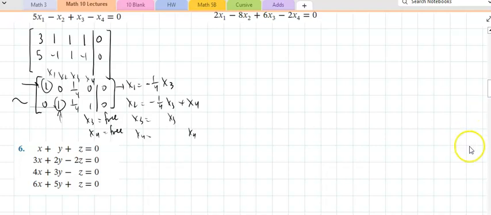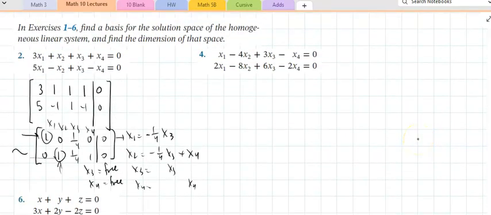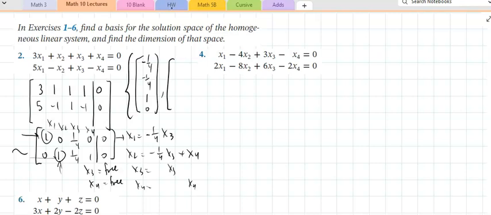If you read the vectors, x sub 1 is negative 1/4 x sub 3, negative 1/4, a 1 and a 0. I know you're not going to like this in the beginning. You'll come around because this is going to come back over and over. And the next vector would be, so kind of like you fill in the blanks, 0, 1, 0, 1. Let me make sure.